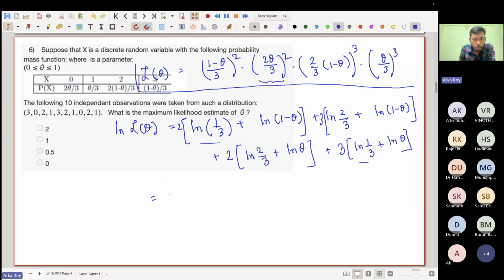It would be added to 5 ln 1 upon 3. Same as ln 2 by 3, it would be again 5 ln 2 by 3. And then over here it is 2 ln 1 minus theta and then you have 3 ln 1 minus theta. It would be 5 ln 1 minus theta. And thereafter you have 5 log theta.